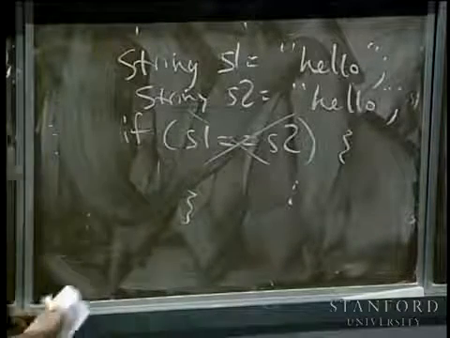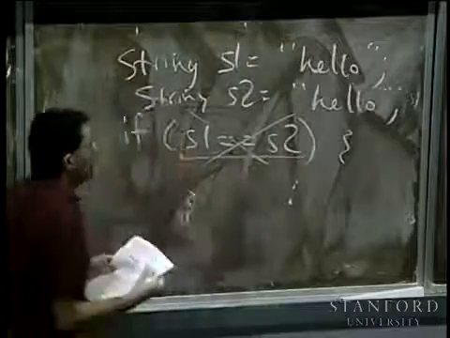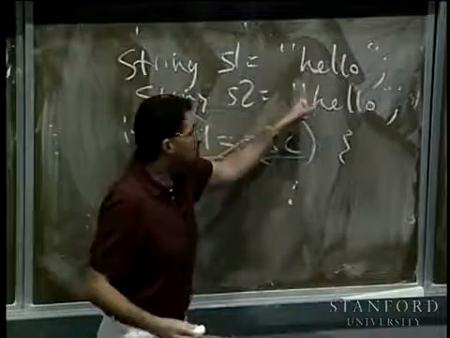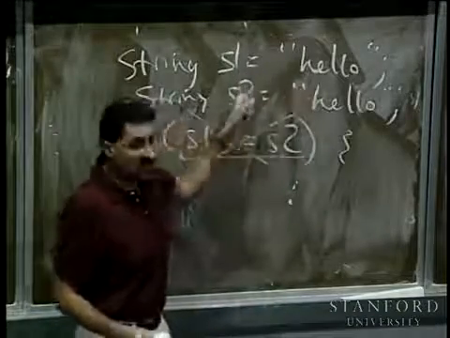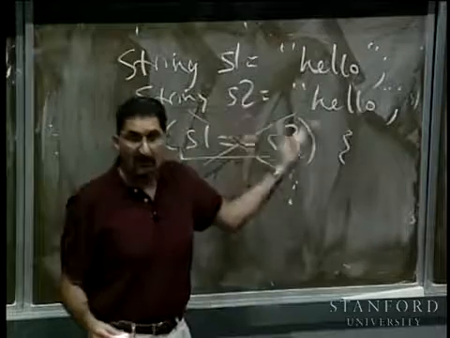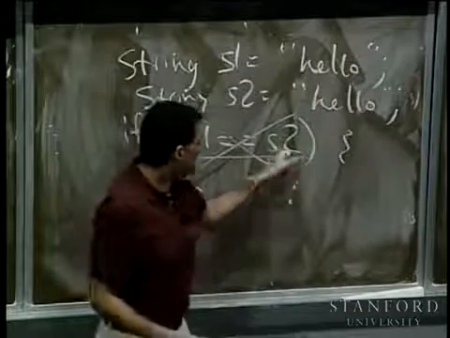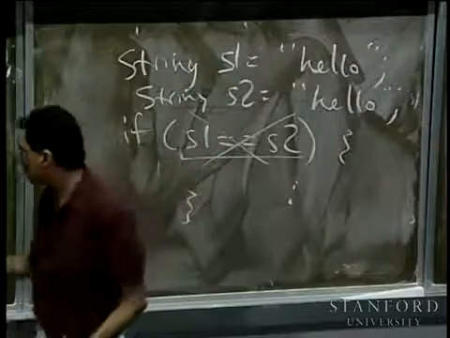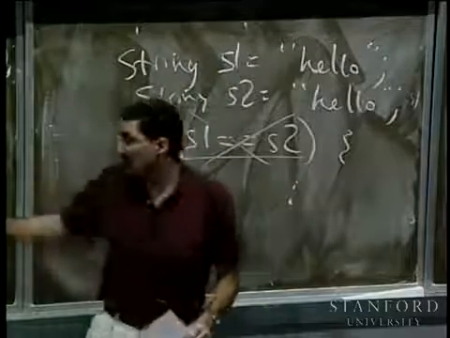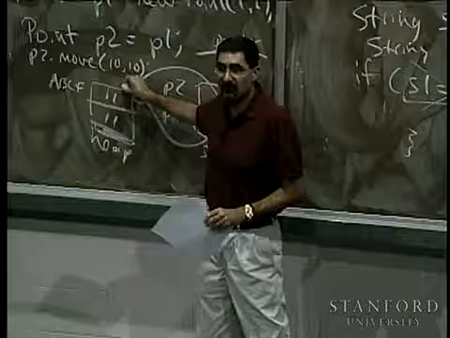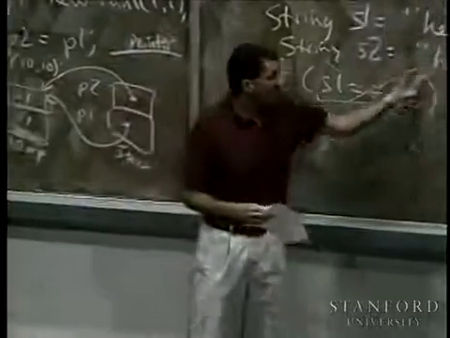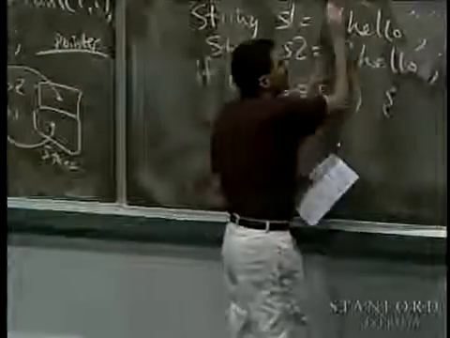The reason it didn't work is that when you check for equality here, it's not checking whether these strings have the same characters. These strings are objects. They have memory associated with them. When you check whether the actual objects are equal, it's looking to see whether they refer to the same actual thing underneath the hood. These are not. These have two versions of hello in different places in memory.